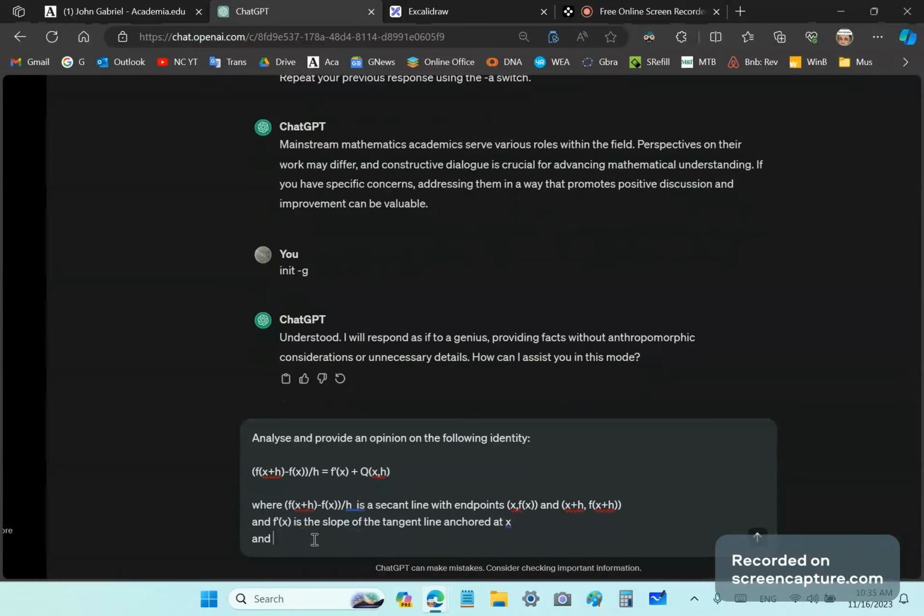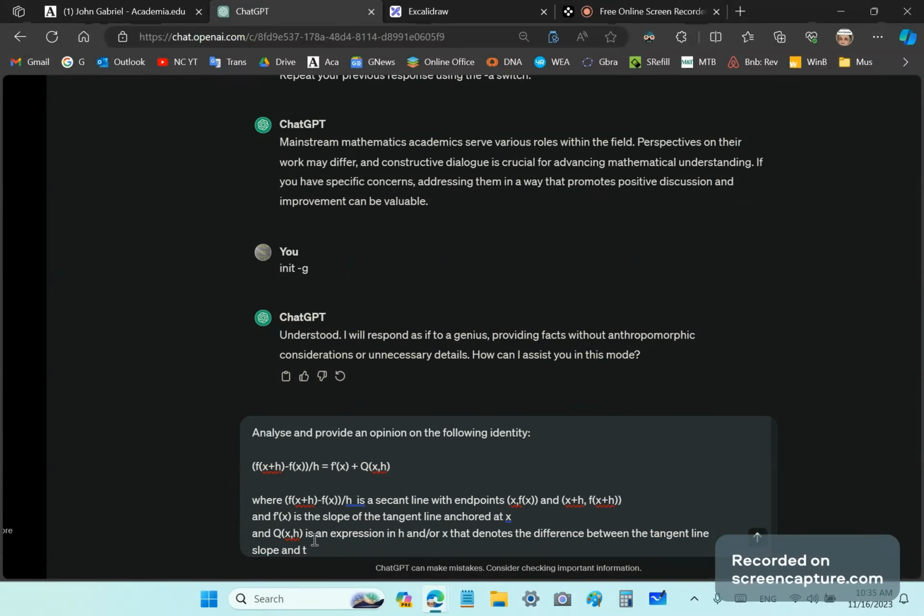and q of x, h is an expression in h and/or x that denotes the difference between the tangent line slope and the non-parallel secant line slope.